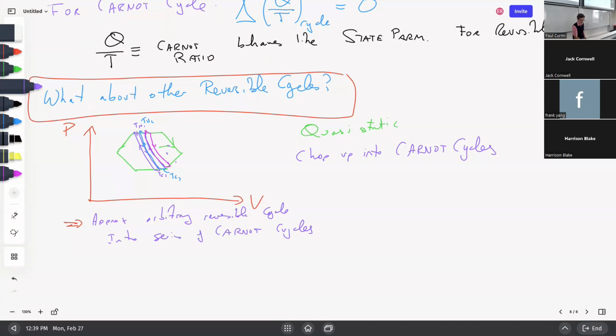And what I can then do is take the limit as those steps become smaller. By steps, I mean T hot and T cold, the top bit and the bottom bit. They're the only bits that are important. They represent two thermal baths.